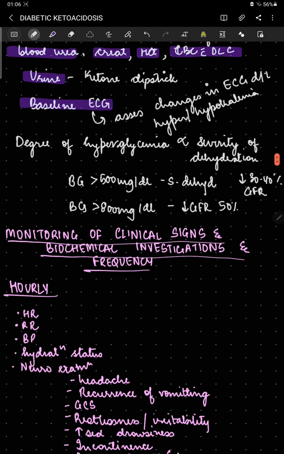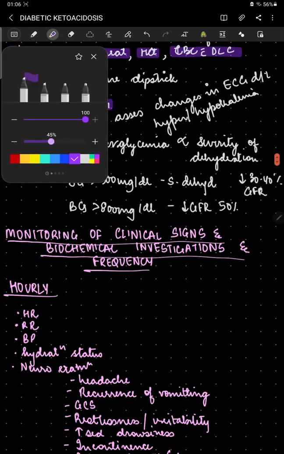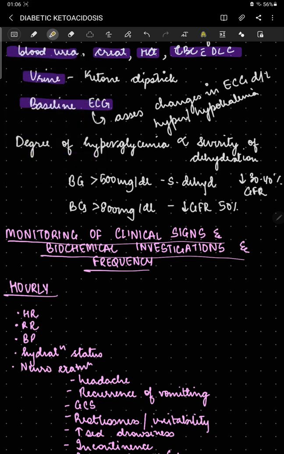Okay, it is a very important thing to notice here that the degree of hyperglycemia is directly proportional to the severity of dehydration. So if the blood glucose levels are very high, there is a very high possibility that the dehydration will be more and more severe.